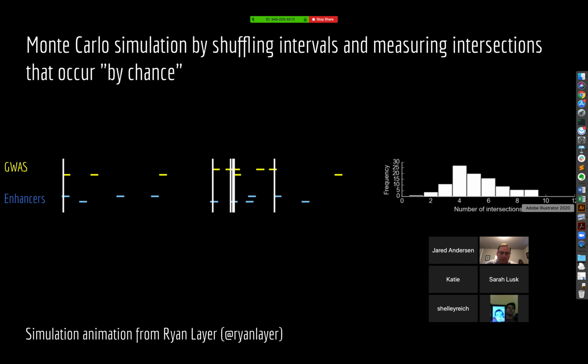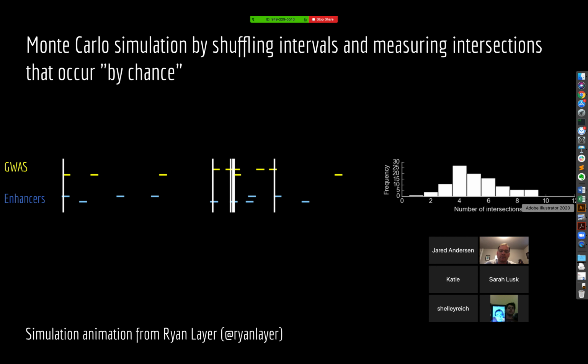Yeah, that's a great question. The answer should be yes. There's a lot of subtlety about how you do these. In this case, this was really to do things in a simple way for the animation, where you keep one set of intervals in their fixed location and you shuffle the others.